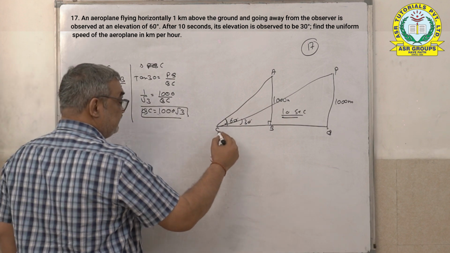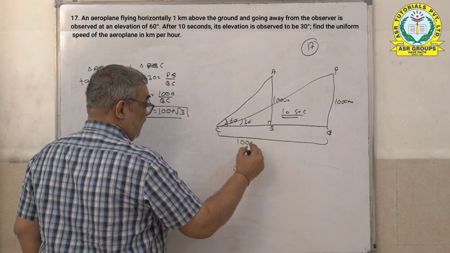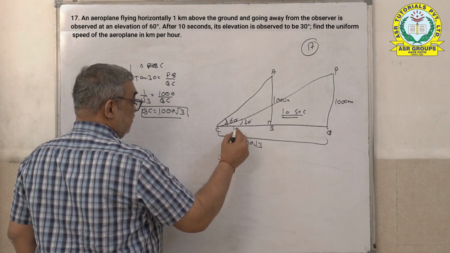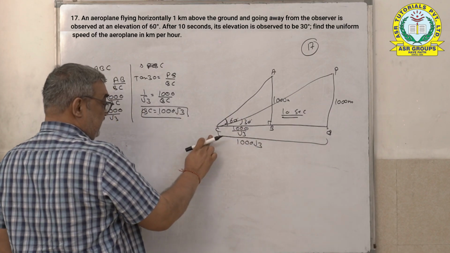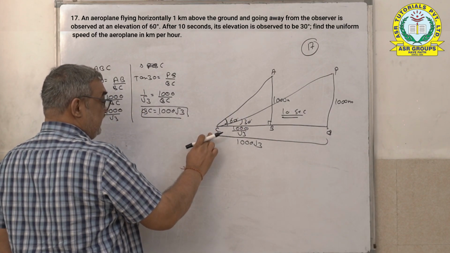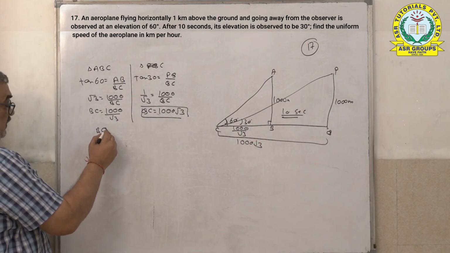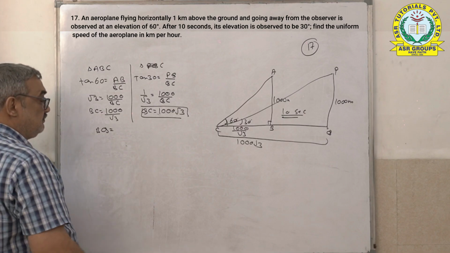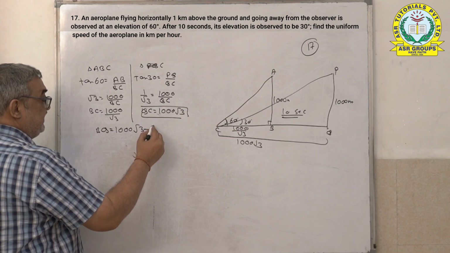I know this distance, this one. From QC, I'll minus BC, I'll get BQ. So, BQ is 1000 root 3 minus 1000 upon root 3.